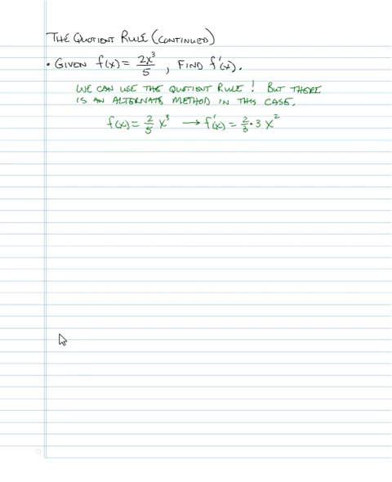And then we really need to think about how do we multiply 2/5 and 3. We just multiply the 3 and the 2 together and get, oops, excuse me, that's a denominator of 5, my bad. Okay, so we multiply the 3 and the 2 and get 6/5 there. So we actually end up with f prime of x is equal to 6/5 times x squared. And we could even write that kind of back the way we did before. That is, we could write that as 6x squared over 5, and either one of those answers would be acceptable.